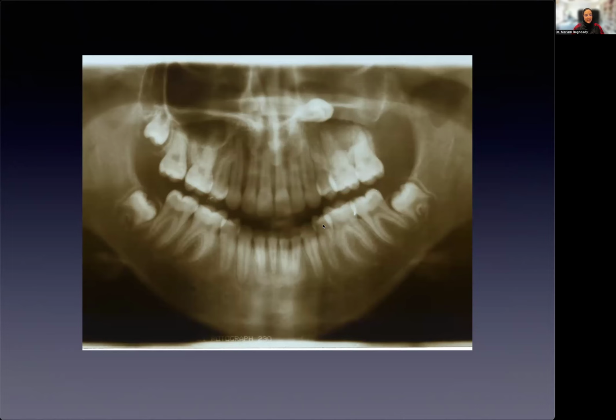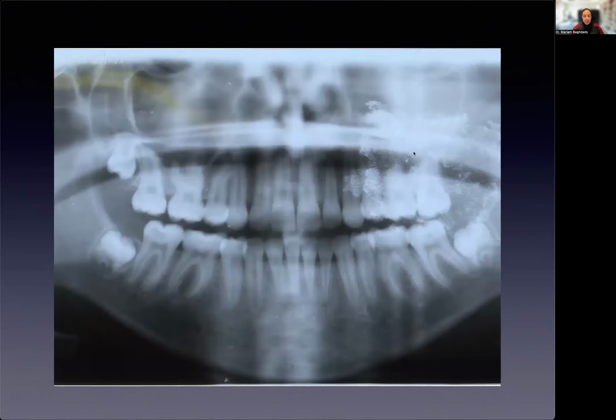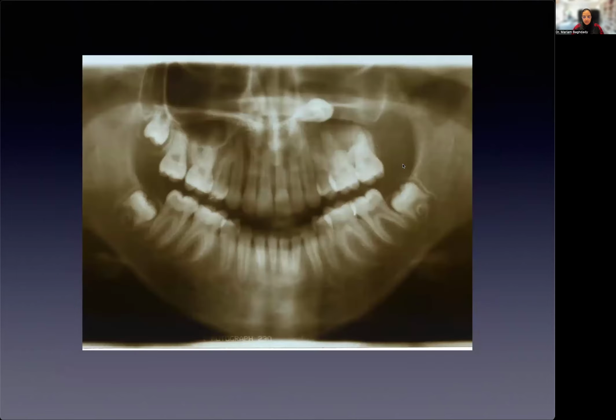Now, the patient had come in with retainers, so they knew that the patient had just finished orthodontic treatment, and they asked the patient, "Did your orthodontist not see this?" And she said, "No, my orthodontist didn't see it, and they didn't say anything about it." So if we go back here, if you look really closely, you can see that something was going on here, but it was completely obstructed by artifact.